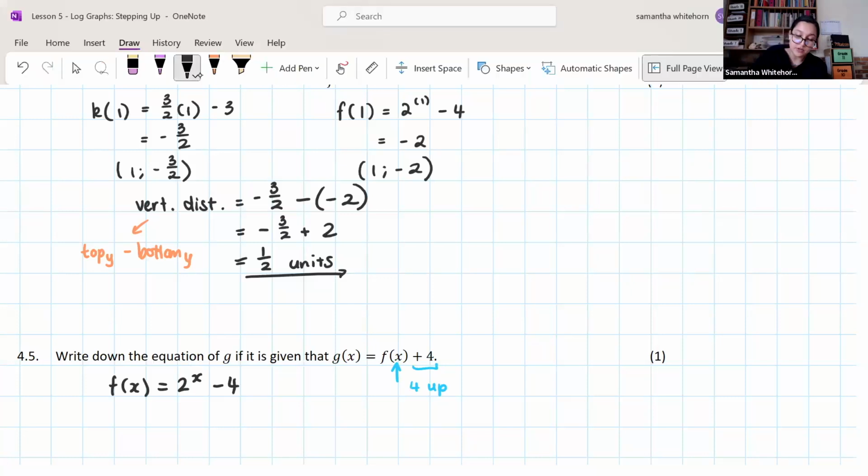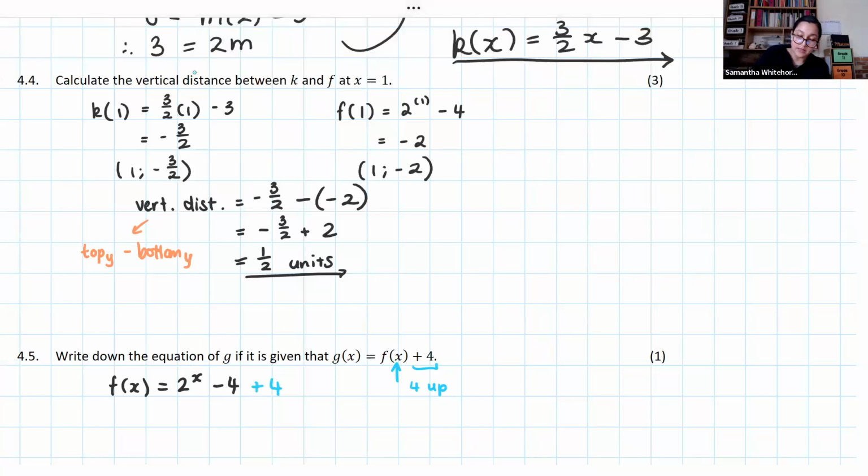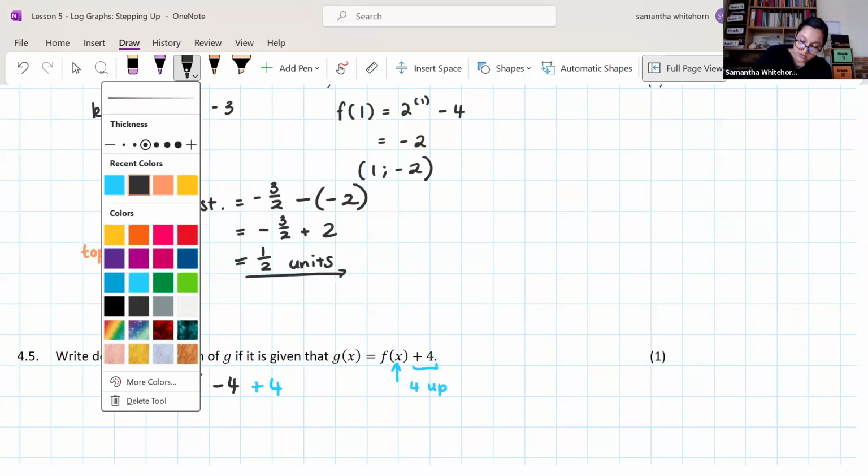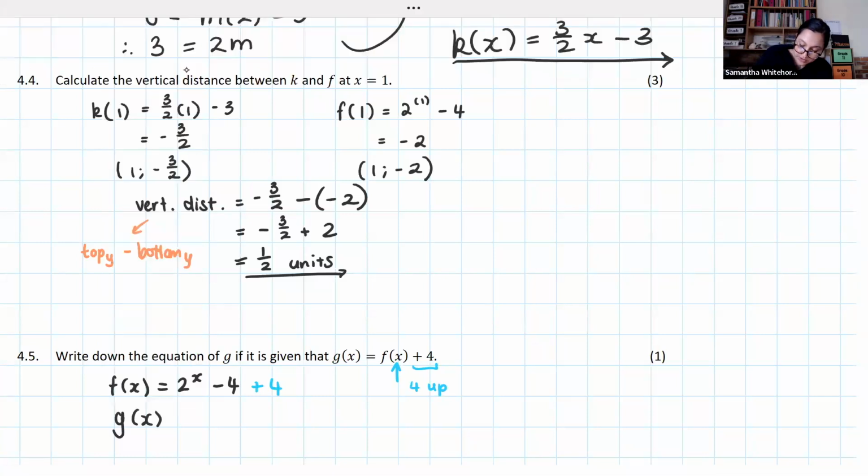If I now shift this graph 4 units back up, all that's going to happen is that my asymptote now sits on the x-axis. And so the equation of g is just 2 to the power x. That's it. And again, you can substitute it in like I've done. You see what that transformation is, and you apply it to your graph.